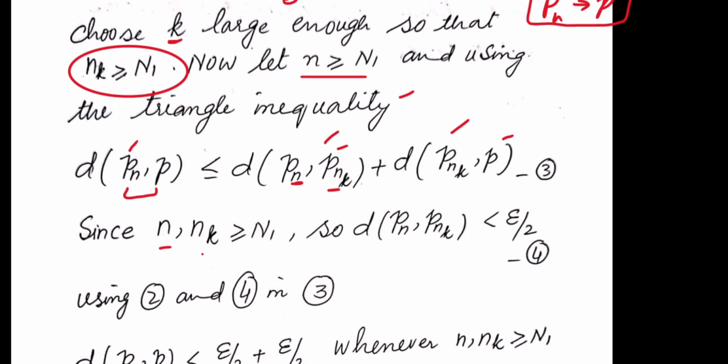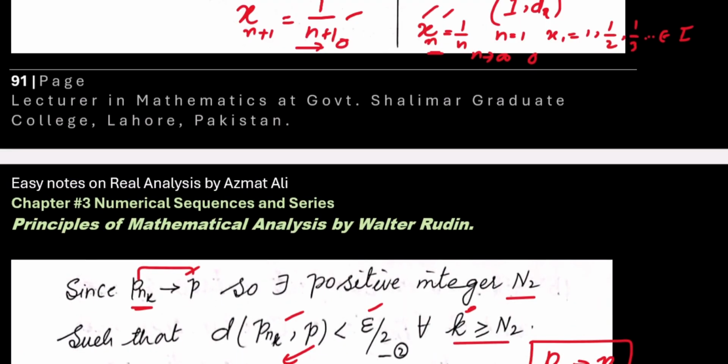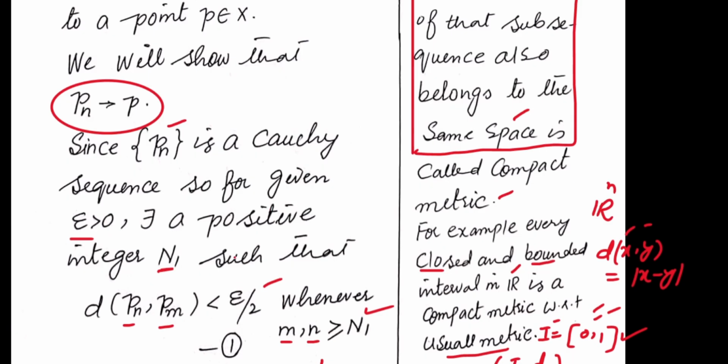As n and n_k are both greater than or equal to n1, this distance is less than epsilon by 2. How is this less than epsilon by 2? By the definition of Cauchy sequence. As Pn is a Cauchy sequence, the distance between any two terms whose suffixes are greater than or equal to n1 is always less than epsilon by 2.